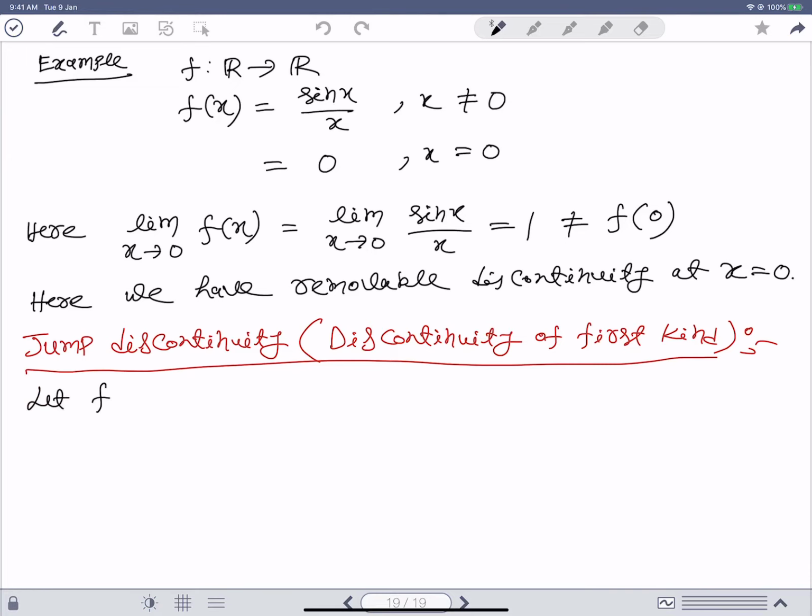So, let again f: D to R be a function and say a belongs to D, right?